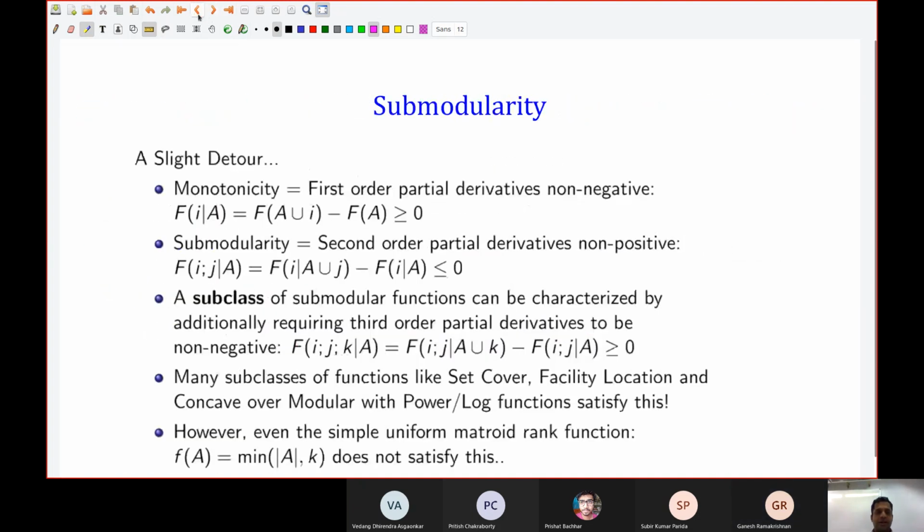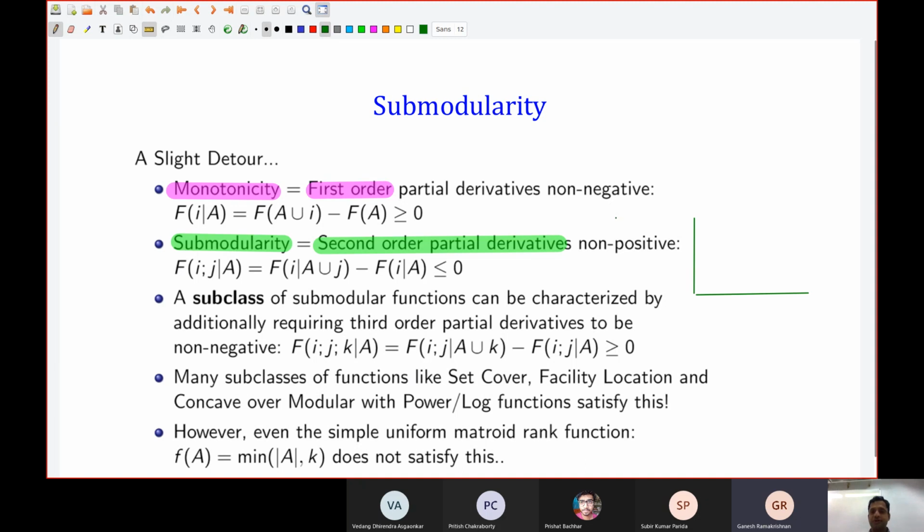I think I missed this slide. So how is it related? Monotonicity requires that the first order partial derivatives are non-negative. Submodularity is about the second order. So monotonicity is about first order. Submodularity is about second order partial derivatives being non-positive. And that should ring a bell in your mind because we always related submodularity to concavity and convexity.